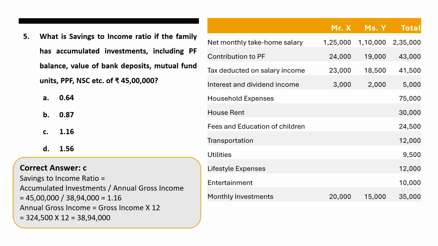We just have to multiply this with 12 and we get 38,94,000. So this is the annual gross income, and if we do this calculation we get 1.16. So savings to income ratio is 1.16.